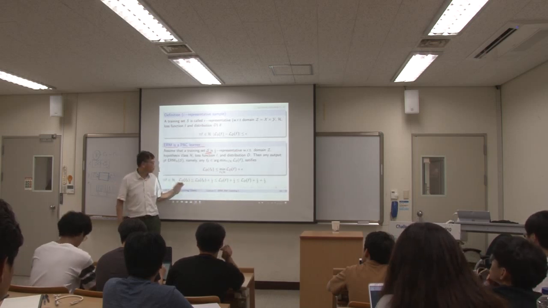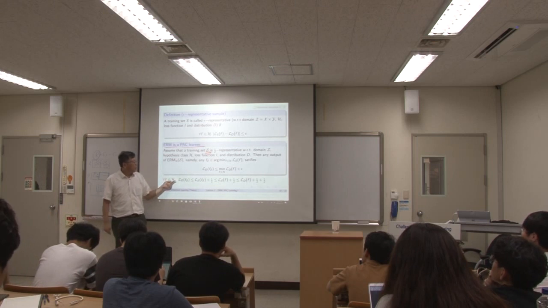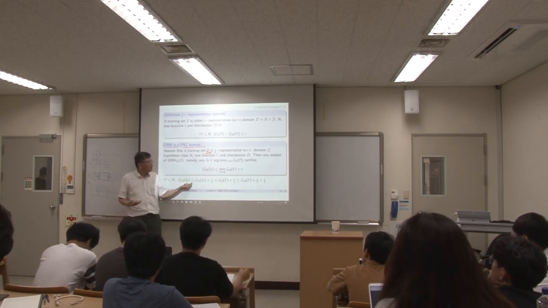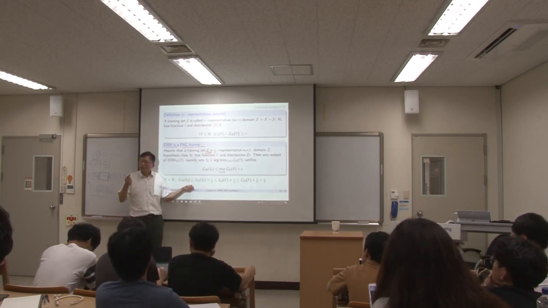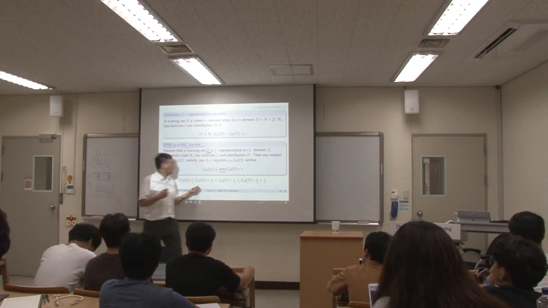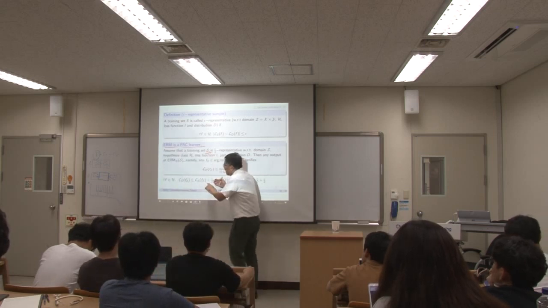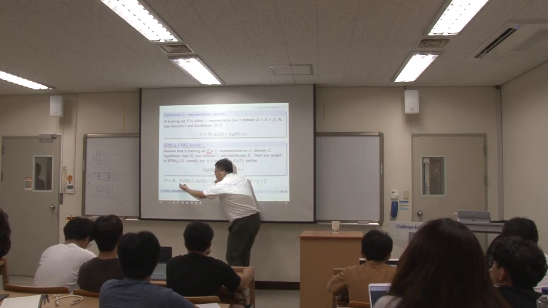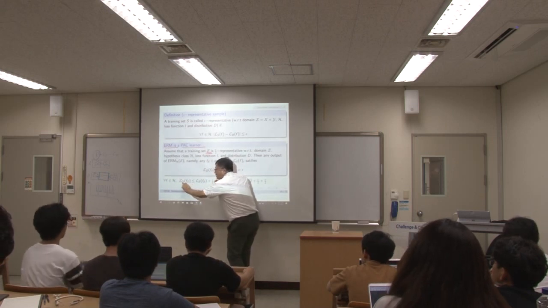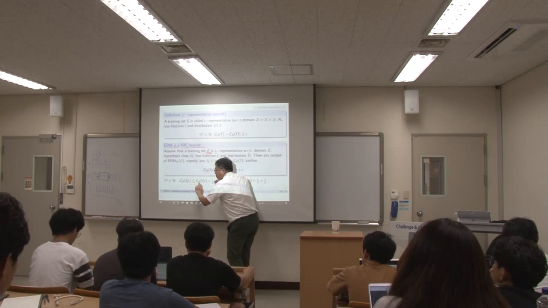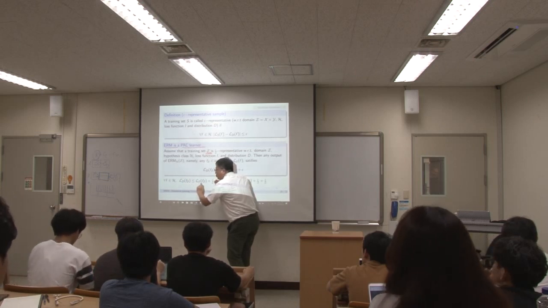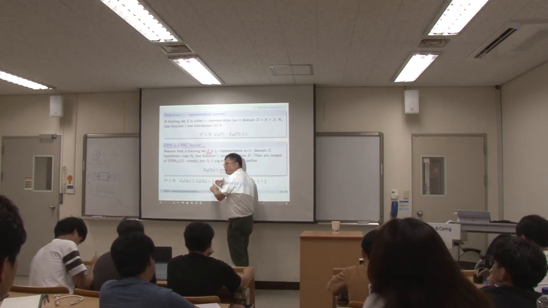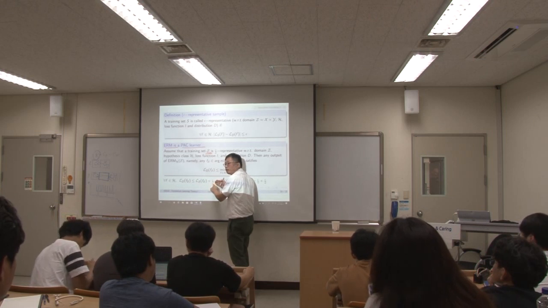Here it is. Because S is epsilon over 2 representative, the difference between the test loss of my ERM and the training loss is going to be bounded above by epsilon over 2.